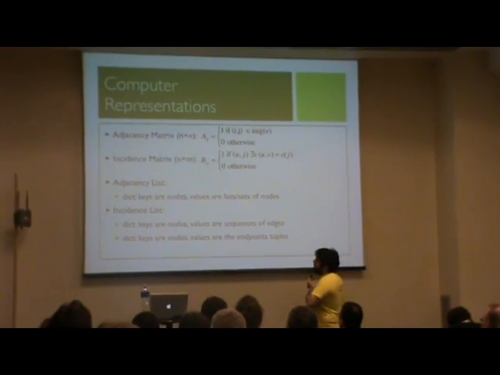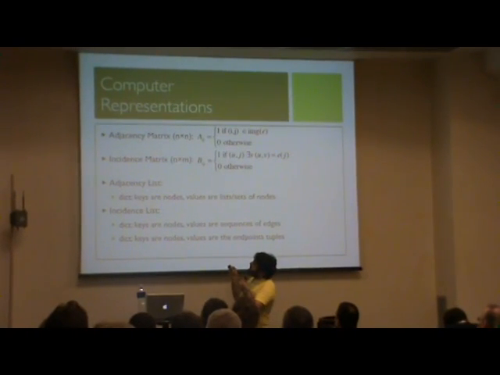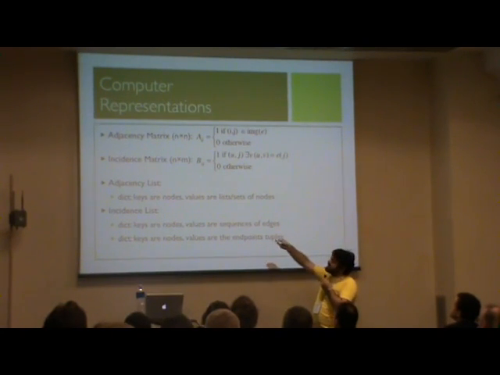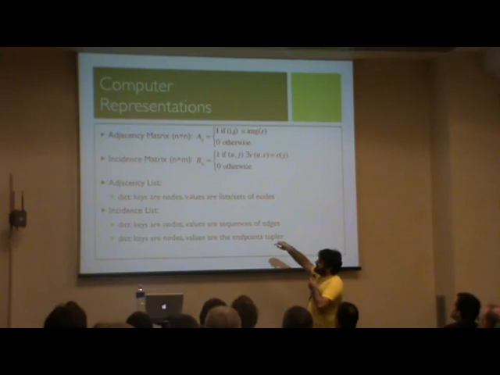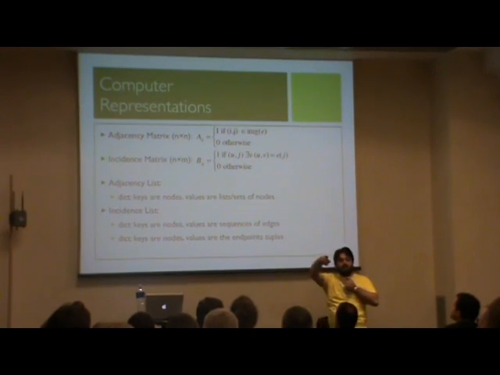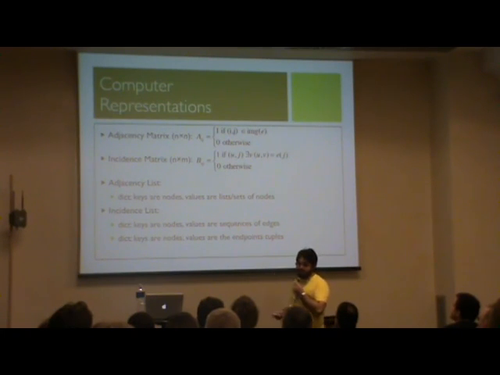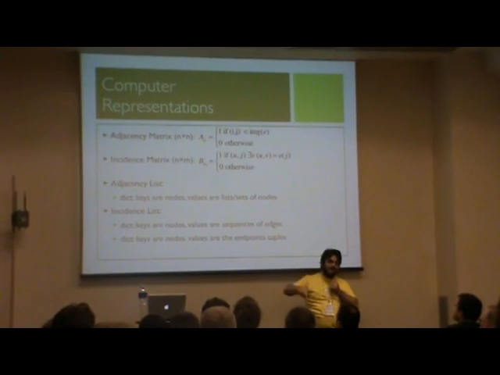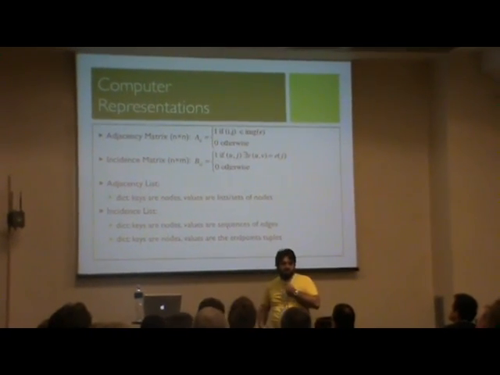About computer representation, we have adjacency matrices, incidence matrices, which is not interesting for us now, adjacency lists, incidence lists. So this is basically a matrix where you put one if two people are connected, okay, you have people on the rows and on the columns, if two people are connected there is one, otherwise there is zero.